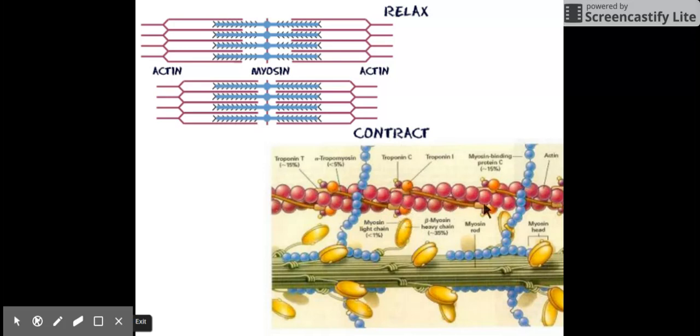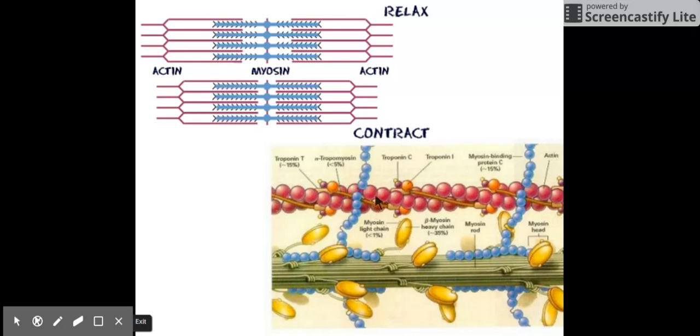And these protective proteins right here, the troponin 1 and troponin C, protect the actin from constantly being attached by the myosin. So what they do is kind of act as a guardian and kind of prevent the myosin from binding to the actin all the time, because these two proteins are constantly attracted to each other.